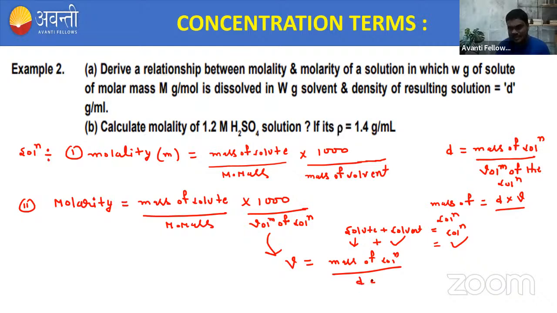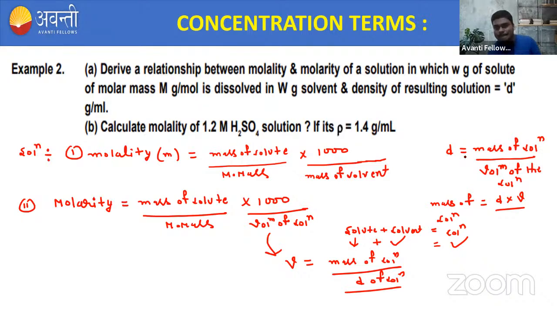This is how we calculate volume of the solution and mass of the solvent using the concept of density. So in any question, when volume or mass of solvent is not given and you want to calculate molarity and molality of the solution, you need to use this concept of density, right? I hope this is clear to everyone. Clear, sabko?